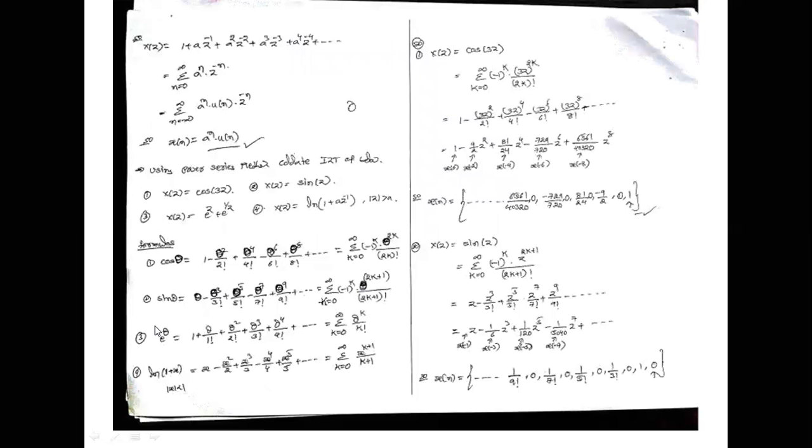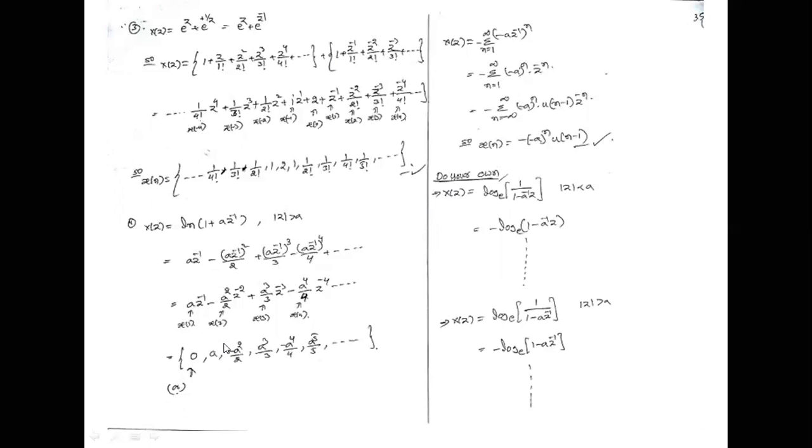See, the e power theta is there, and that theta only we are writing here: 1 plus theta by 1 factorial, theta square by 2 factorial. So instead of theta here, the z is there. So z by 1 factorial, z square by 2 factorial, z cube by 3 factorial, and so on. For the second function, instead of theta, that is z power minus 1. So 1 plus z power minus 1 by 1 factorial, z power minus 2 by 2 factorial, and so on.